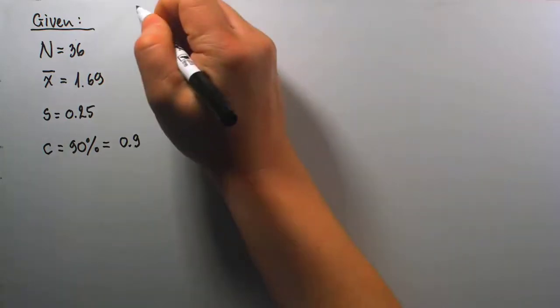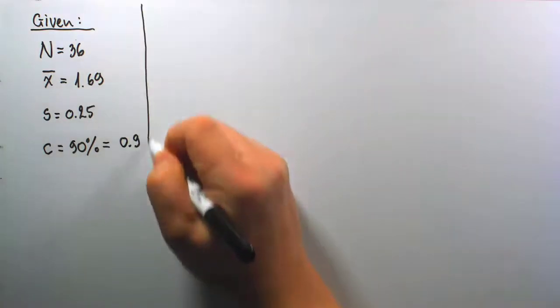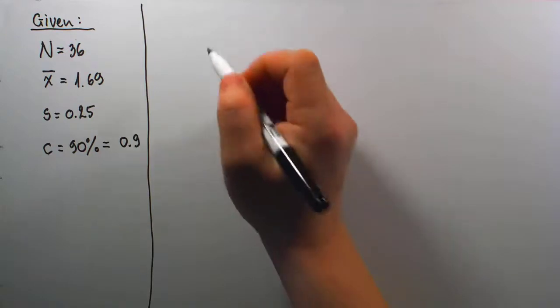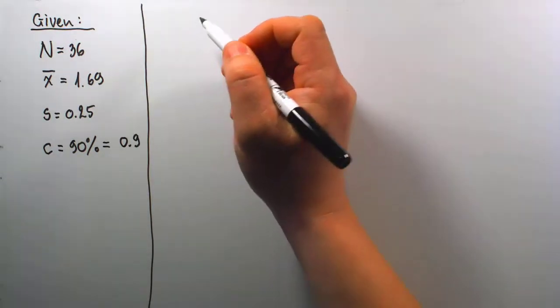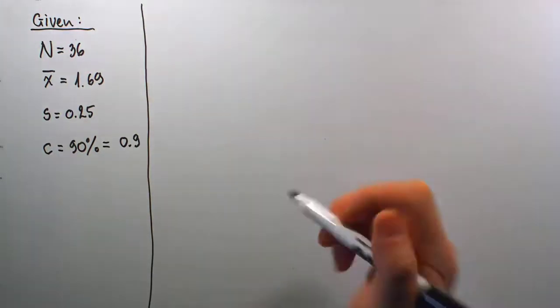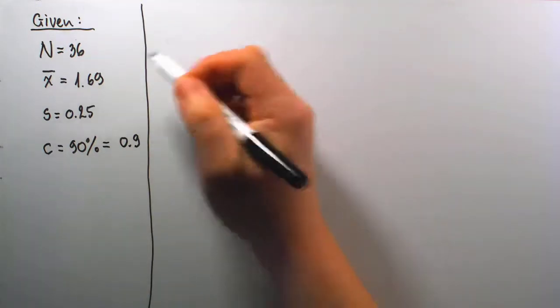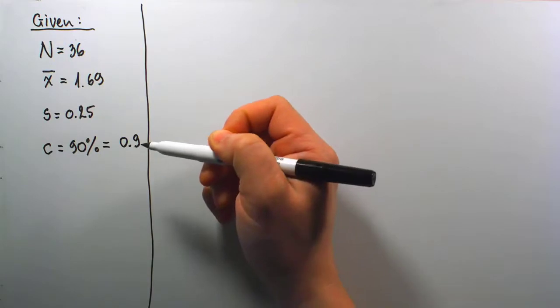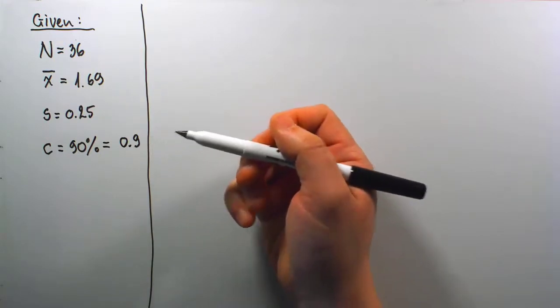And so now, after we're done listing down all of our given information, recall from what I mentioned in my general lecture the idea of constructing any confidence interval, and here particularly we are constructing our confidence interval to estimate our population mean value.